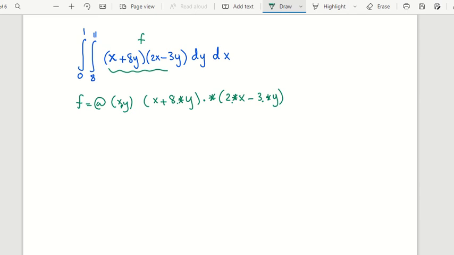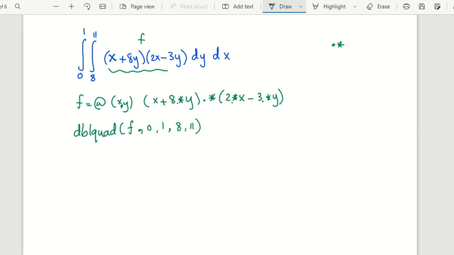Because we have many multiplications, we add dot multiply. Then we say double integral, dbl cubed, of f. Here x will be from 0 to 1 and y will be from 8 to 11.